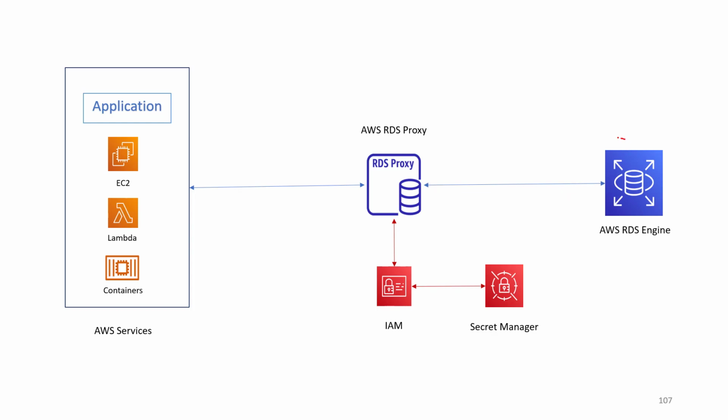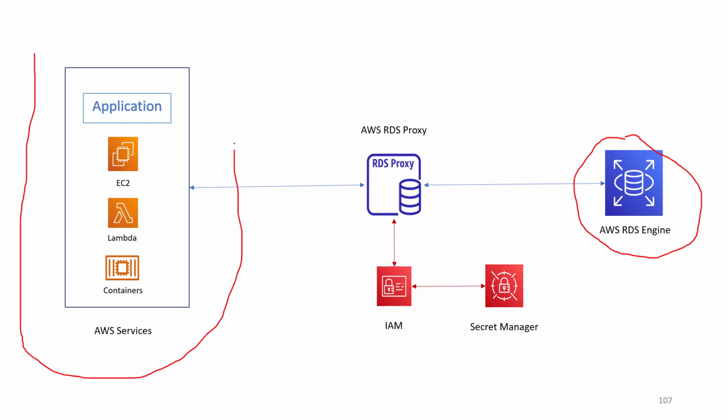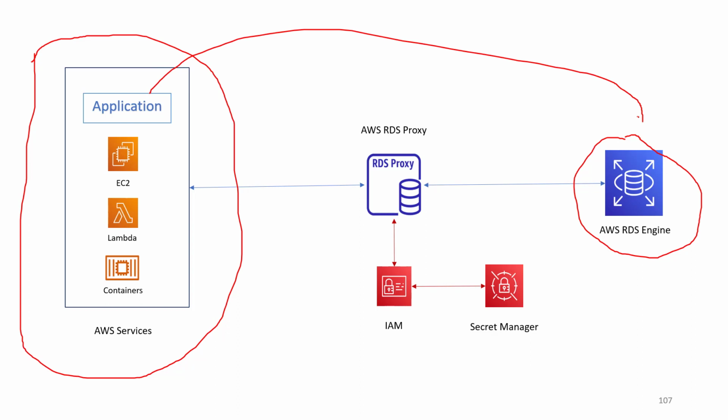You have a database engine here, MySQL, MS SQL, whatever database engine you have, and you have your applications. Suppose you are running the application on top of EC2 instance or containers or Lambda functions, whatever, the code. If you want to access the engine directly, you can access it, but you need two things.